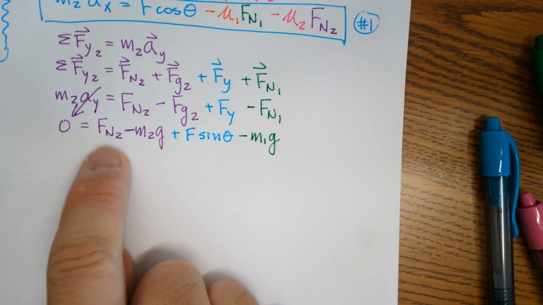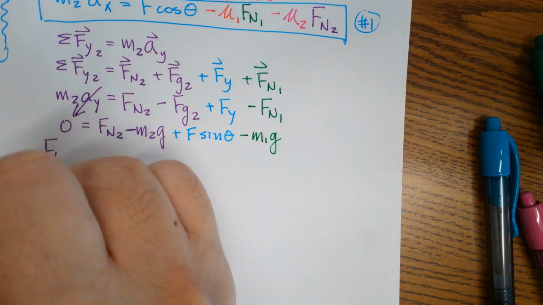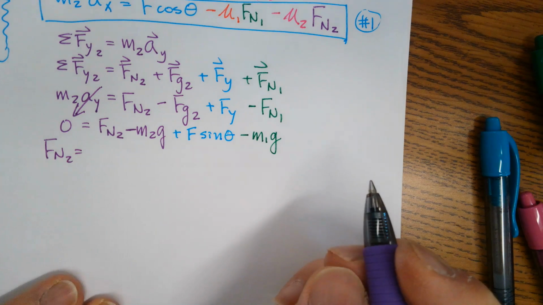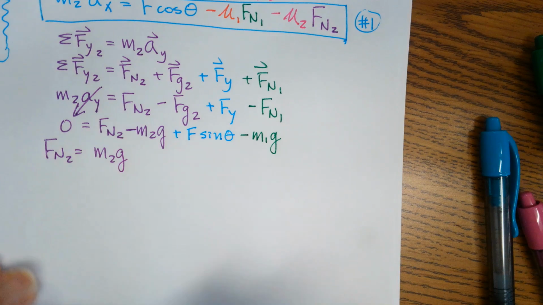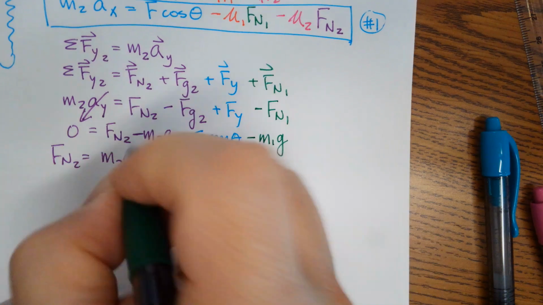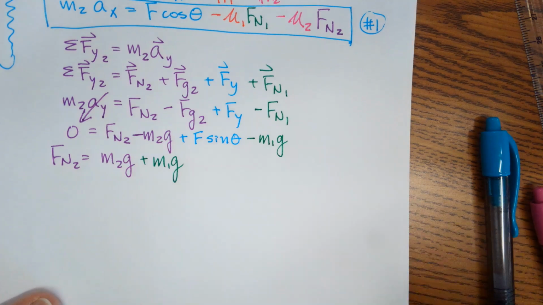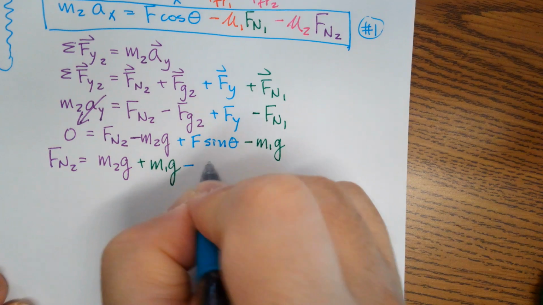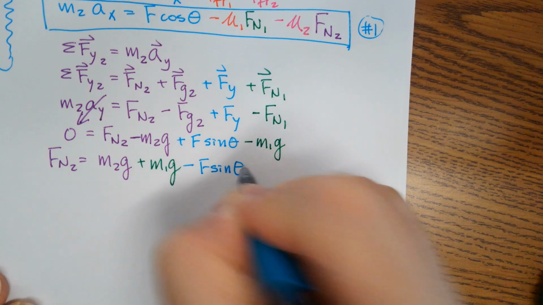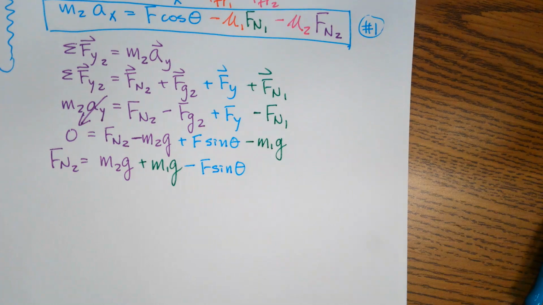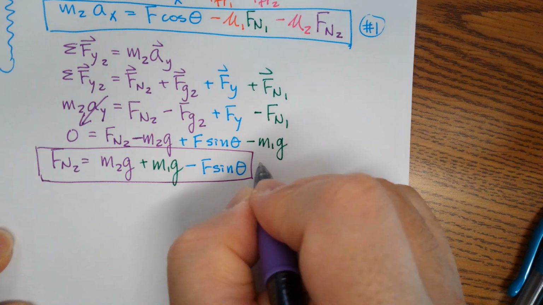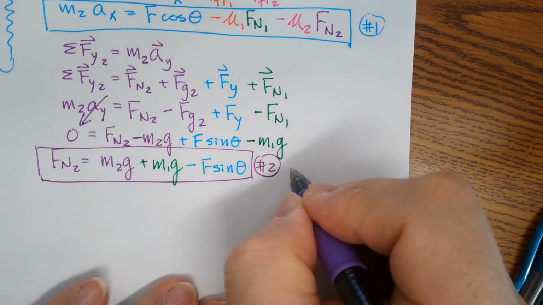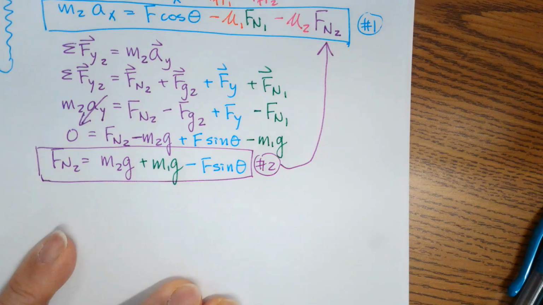So if I solve for F normal 2, my F normal 2 is equal to M2G plus M1G minus F sine theta. I'll call that equation 2, I guess. I could substitute this whole mess right into here, into equation 1.